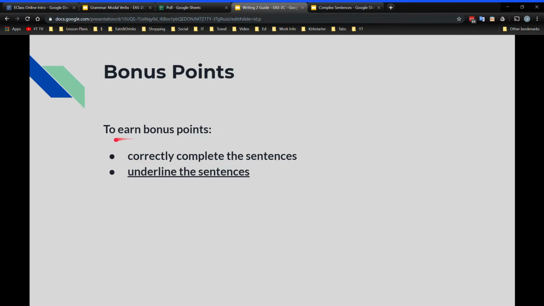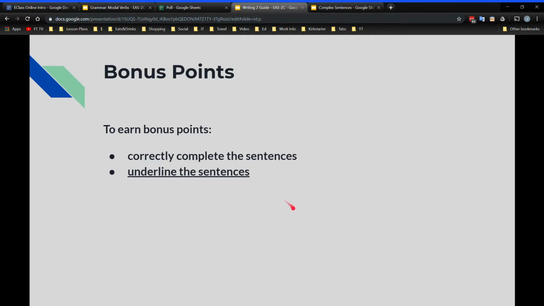So even though you use the grammar, it needs to be done correctly. So make sure you have the correct form. And also underline the full sentence. So don't just underline the one word in the grammar point. Underline the full sentence so that way I can see it clearly. That shows me that you also understand and know what the grammar point is.